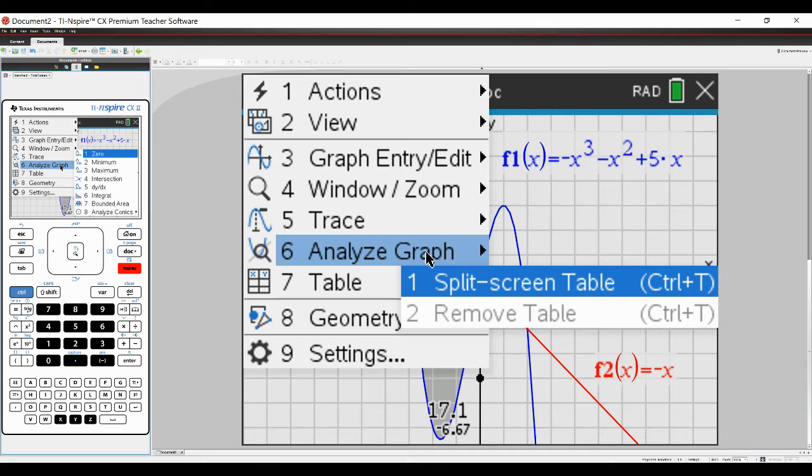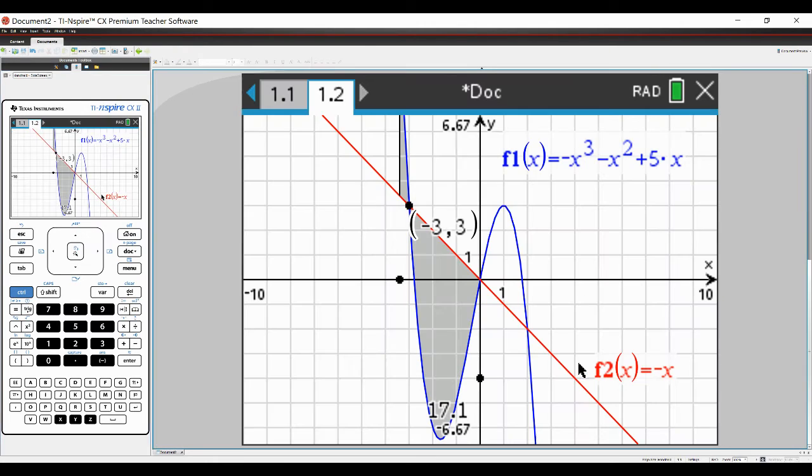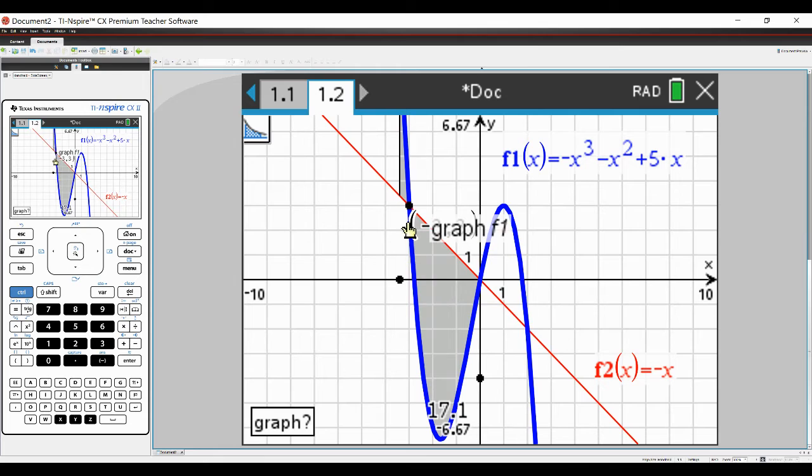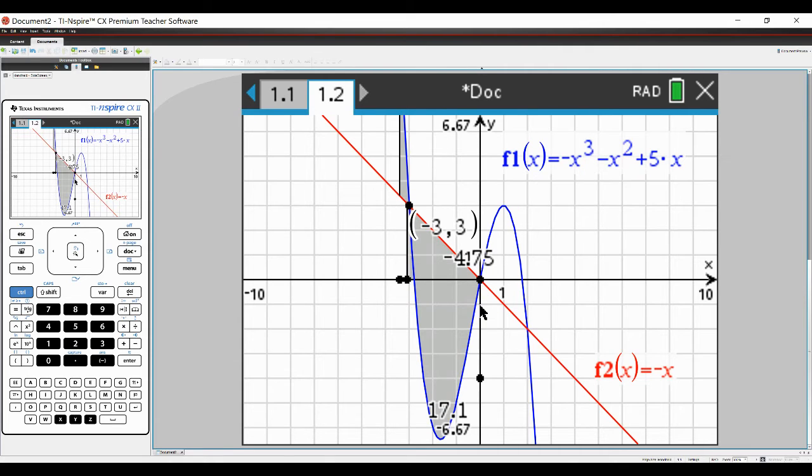Okay, let's try this again. Go to Analyze Graph, and then Integral. Look, we want to go from here, yep, to that intersection point. Oh, no, okay.